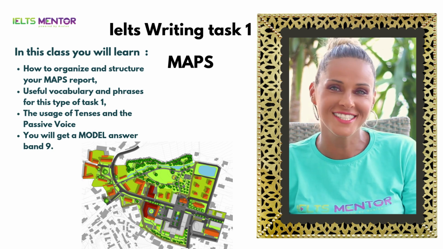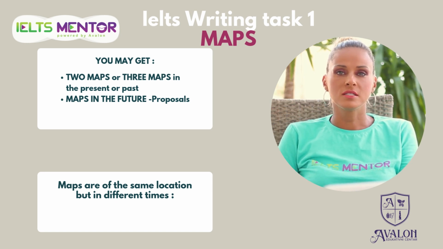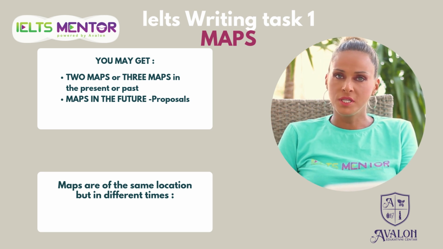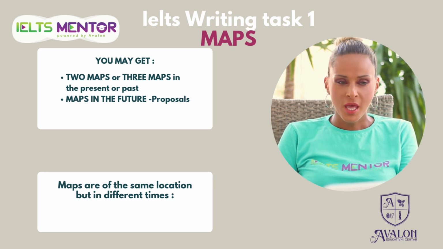So let's start. Maps occasionally show up in your IELTS Academic Writing Task 1, and when they do, you will see 2 or 3 maps. Sometimes you can see 1 map, but that is very rare. The maps will be of the same location, but at different times.